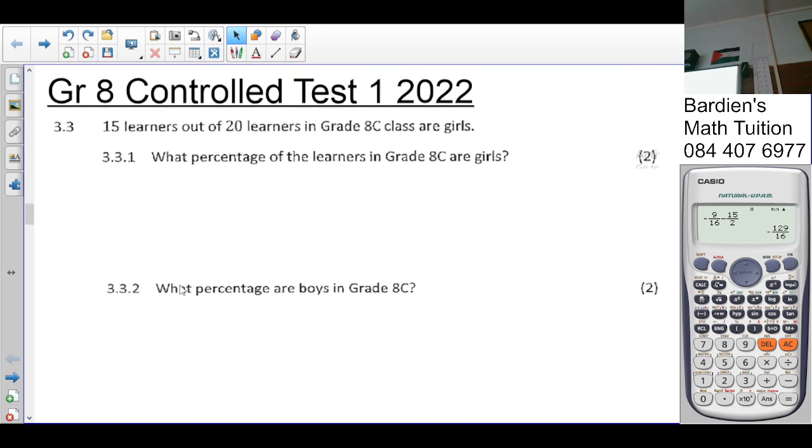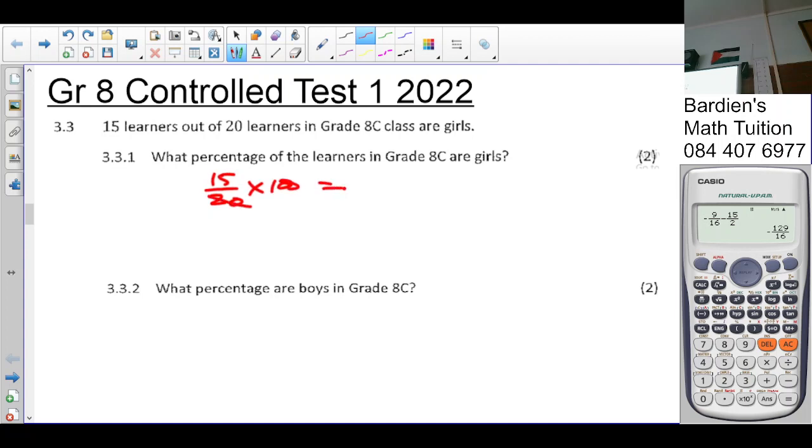3.3. 15 out of 20 learners in grade 8C are girls. What percentage of the learners in 8C are girls? So it will simply be 15 out of 20 learners are girls, so times by 100.